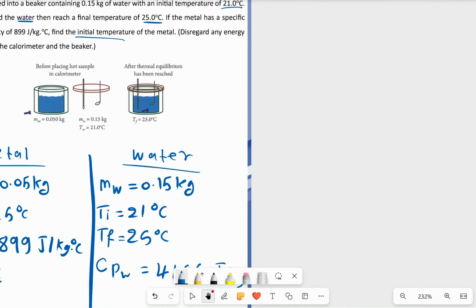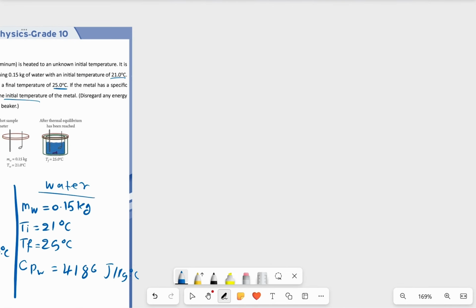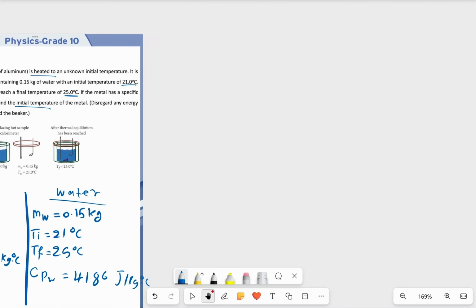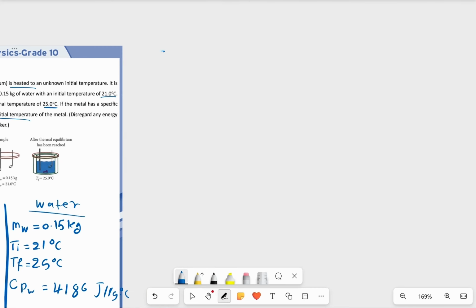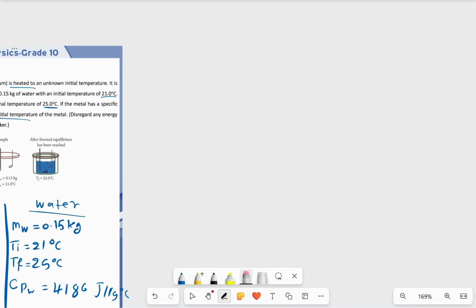Okay, now guys, let's solve this question. First of all, we should say that energy removed, it says what? It says the bolt is heated, so we know the metal bolt is really hot. So energy, guys, we can write it like this, or you can just simply write Q of the metal is equal to Q of the water.